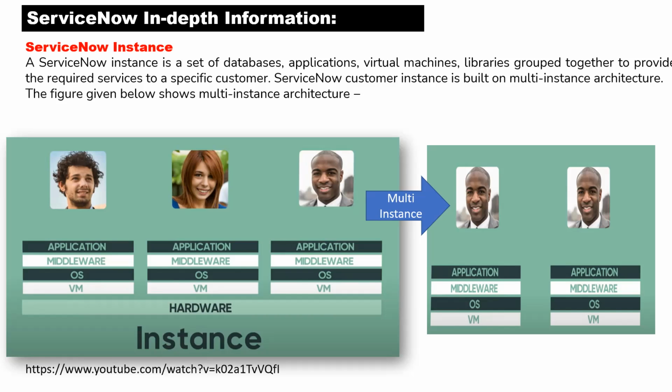You are accessing the instance. So how are those applications structured behind the scenes? This is the structure. Three different customers are shown in the three pictures, and they have the applications which you interact with, correct?